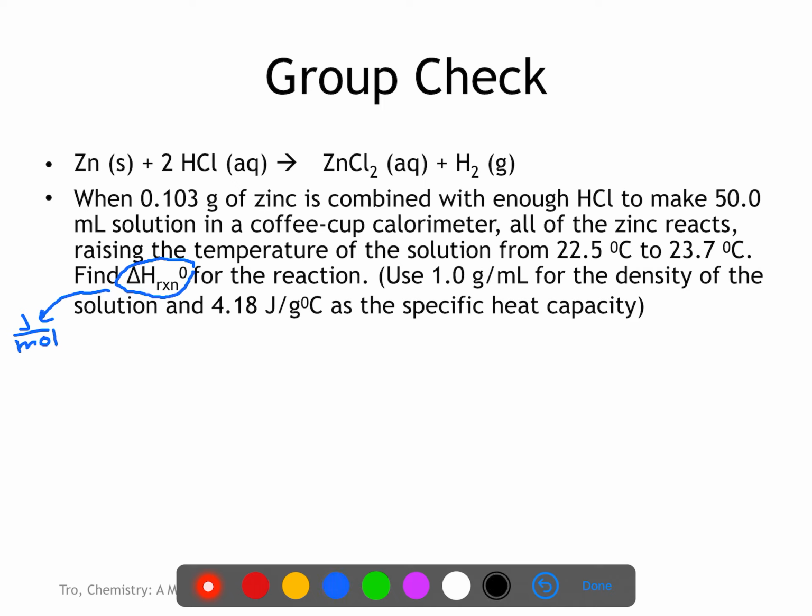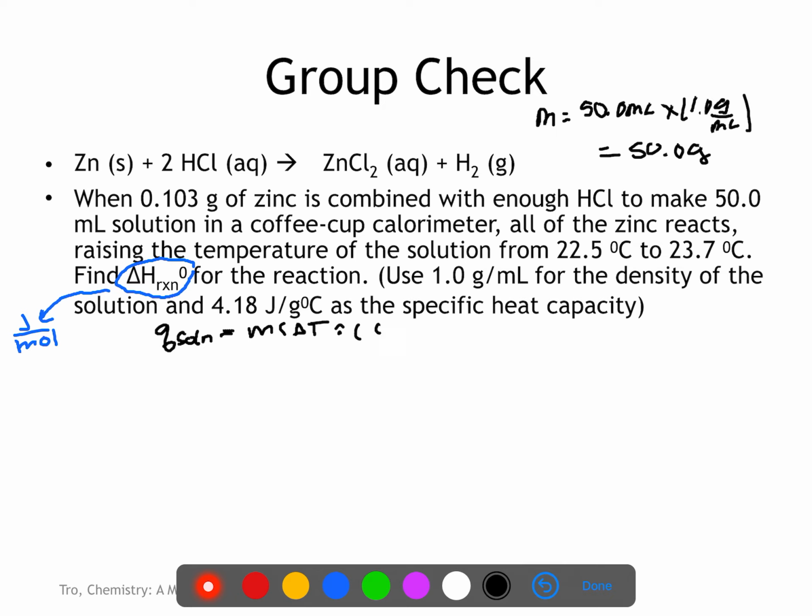So I know I'm in a calorimeter and I can find the heat of my solution using mcΔT. Now my m, I will have to find from using the density and the volume. So 50 milliliters times 1 gram per milliliter will give you 50 grams.